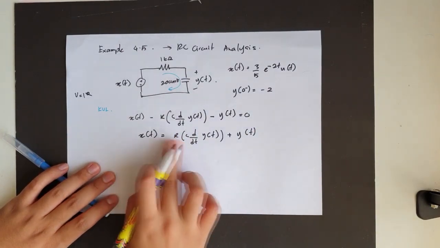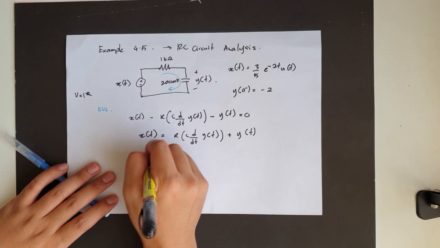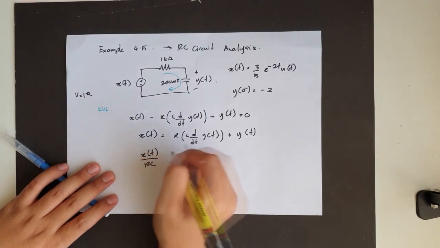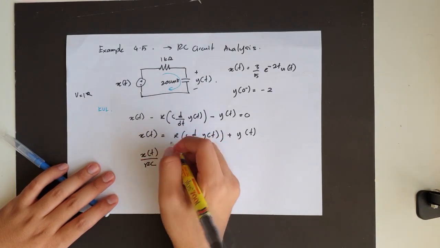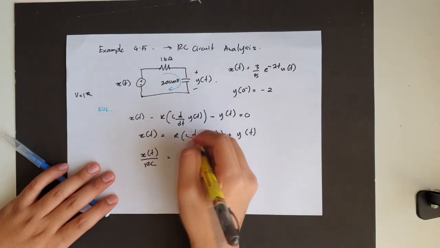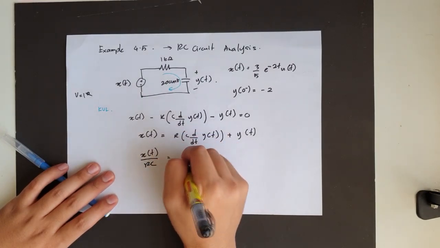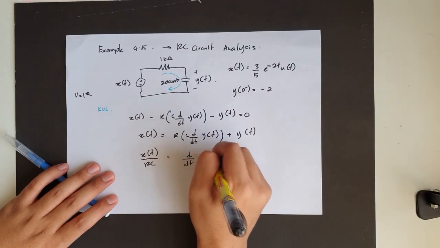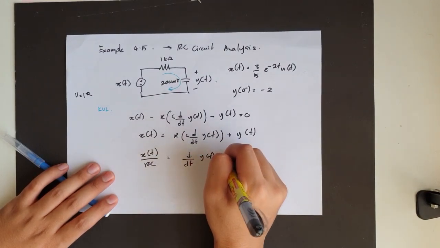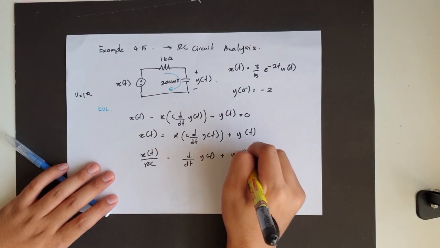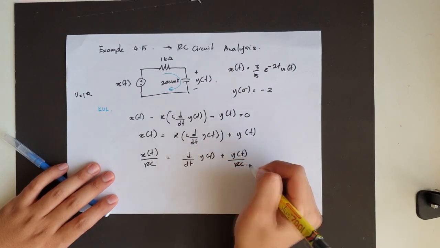We want to make the denominator the same, so x(t) over RC equals d/dt y(t) plus y(t) over RC.